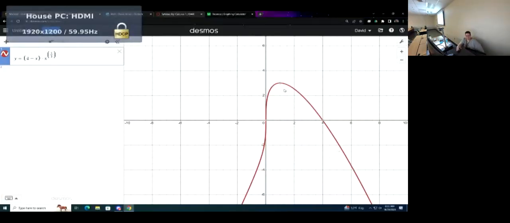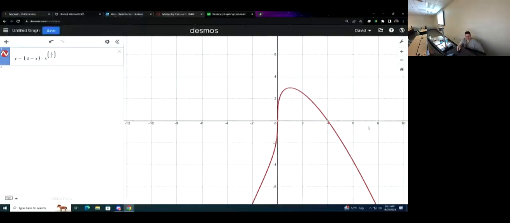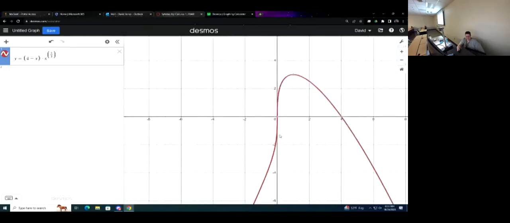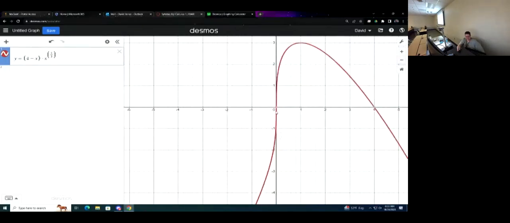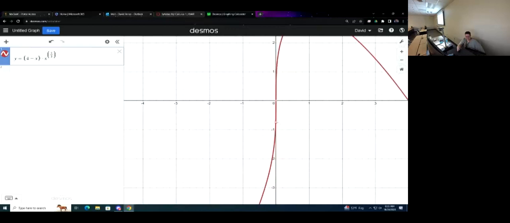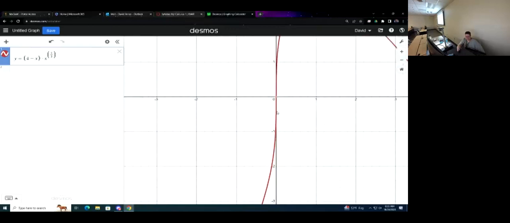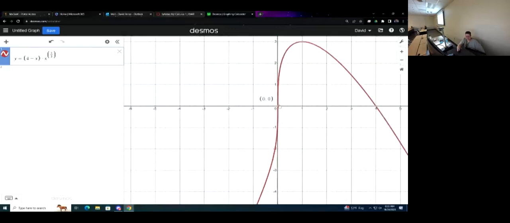Weird looking. Damn, it follows that y-axis for quite a bit. Super close. That's almost dead vertical there, which makes sense.